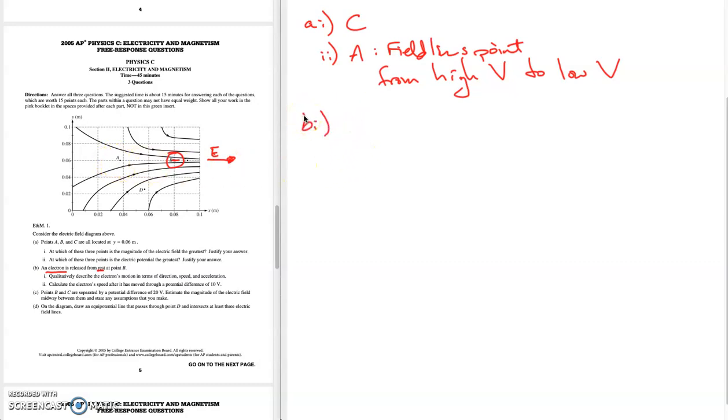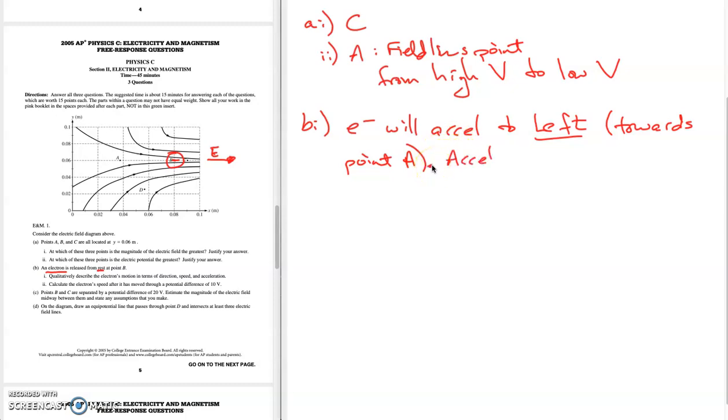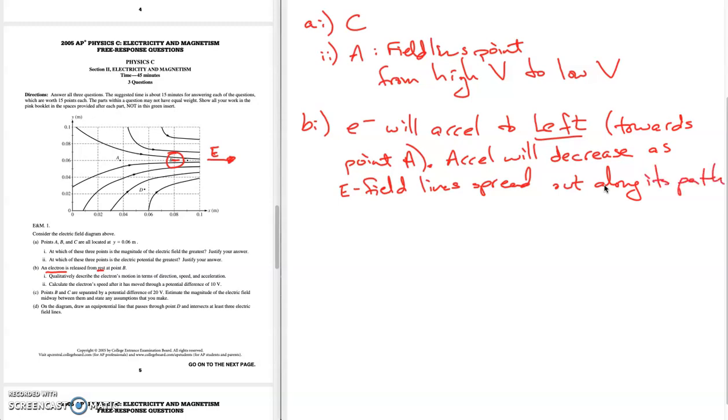So the electron will accelerate to the left, and just to make sure that the graders don't misunderstand you, towards point A. But the acceleration will decrease because the electric field lines are spreading out along its path.